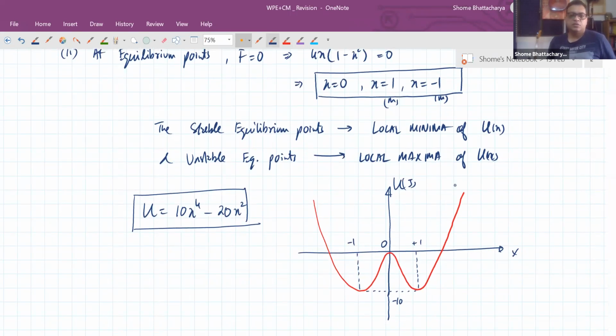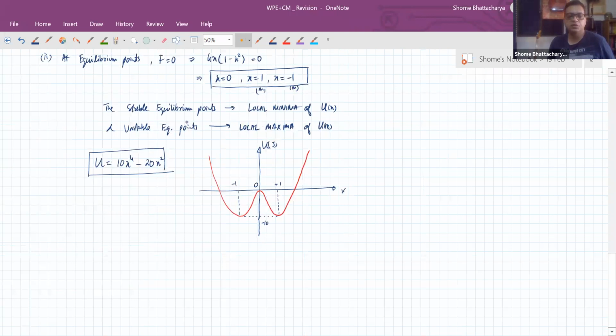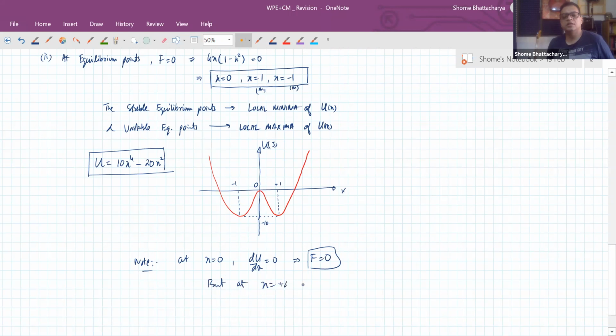Now from this we can also understand why x equal to 0 is an unstable equilibrium point, not stable, not only because it's a local maxima, but also because at x equal to 0, the force is equal to 0, but at x equal to plus delta x, the force, remember the force was given by this relation, will tend to be a negative quantity.